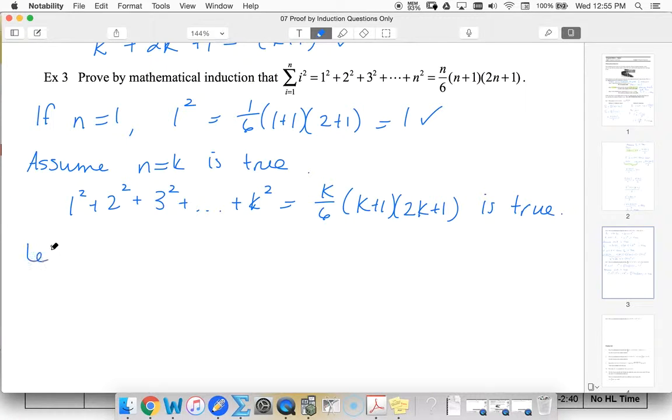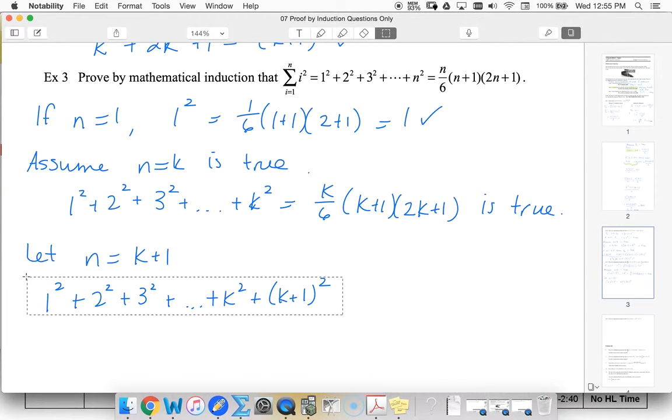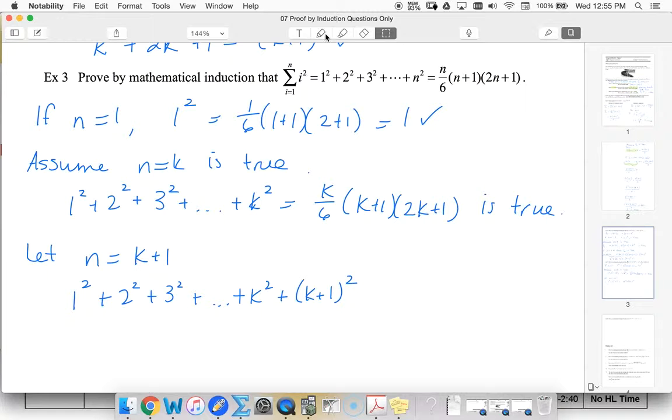And now we're going to let n equals k plus 1. So we're looking at the next term. So I'm going to take this and add the next term. So 1 squared plus 2 squared plus 3 squared plus k squared plus k plus 1 squared. So we're trying to show, let me make a little bit of space.